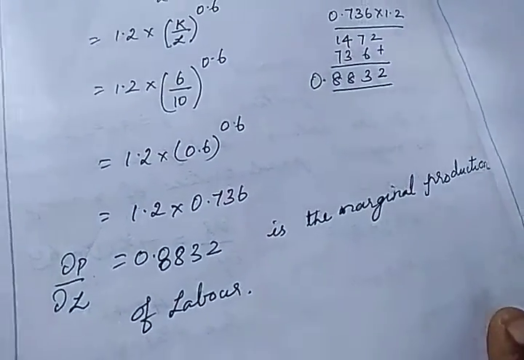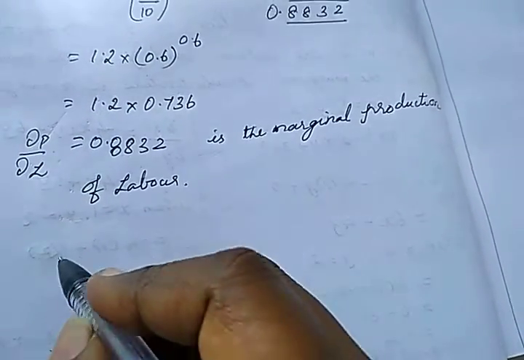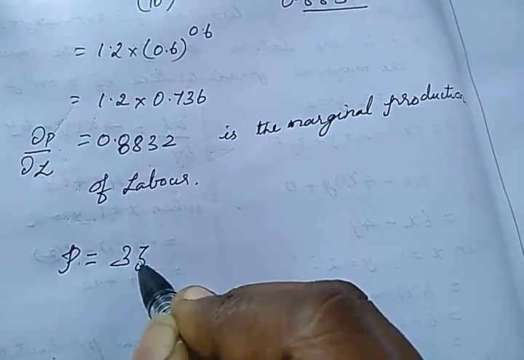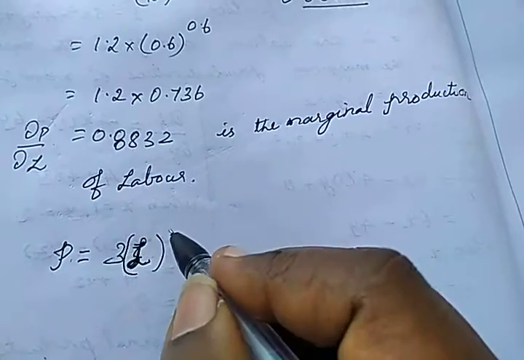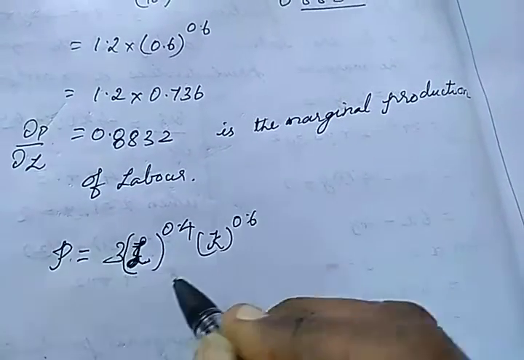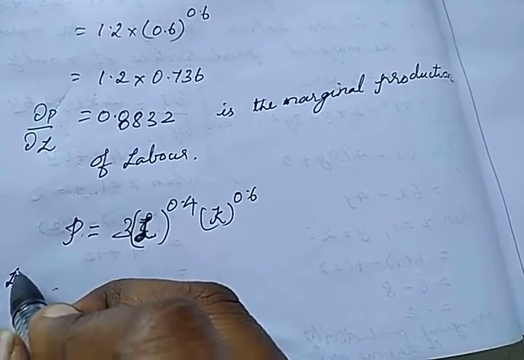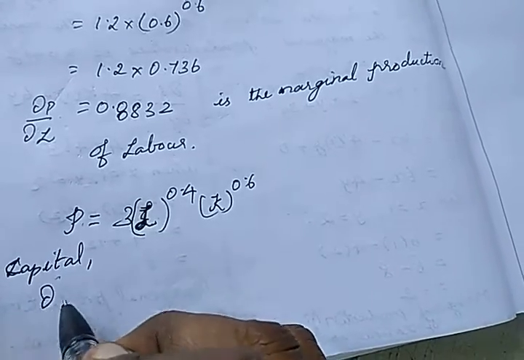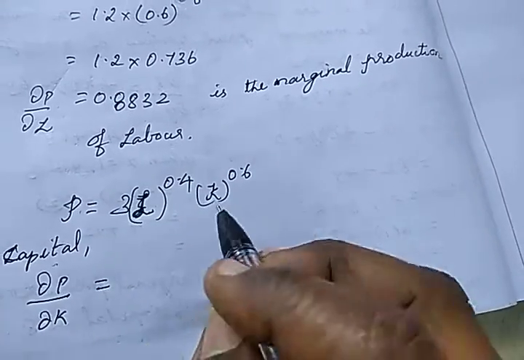Next we have to find marginal production of capital. Okay, now same, we are going to write the equation. 3L whole to the power 0.4 K whole to the power 0.6. This is for capital. Dou P by dou K. With respect to K, we have to differentiate.